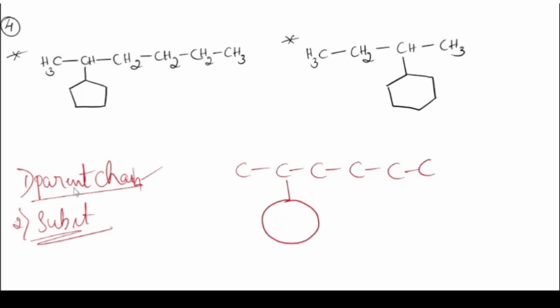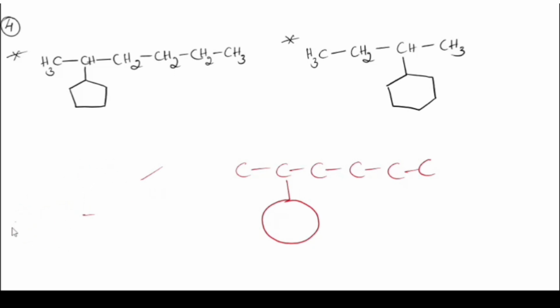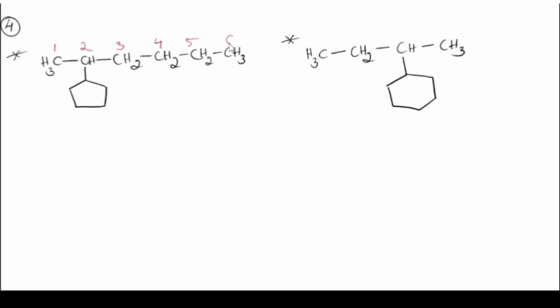Rule 4 will tell that if a ring contains fewer carbon atoms compared to the side chain attached to it, then, because this long chain, if suppose here we have only 5 carbons, here if we count 1, 2, 3, 4, 5, 6 is there.